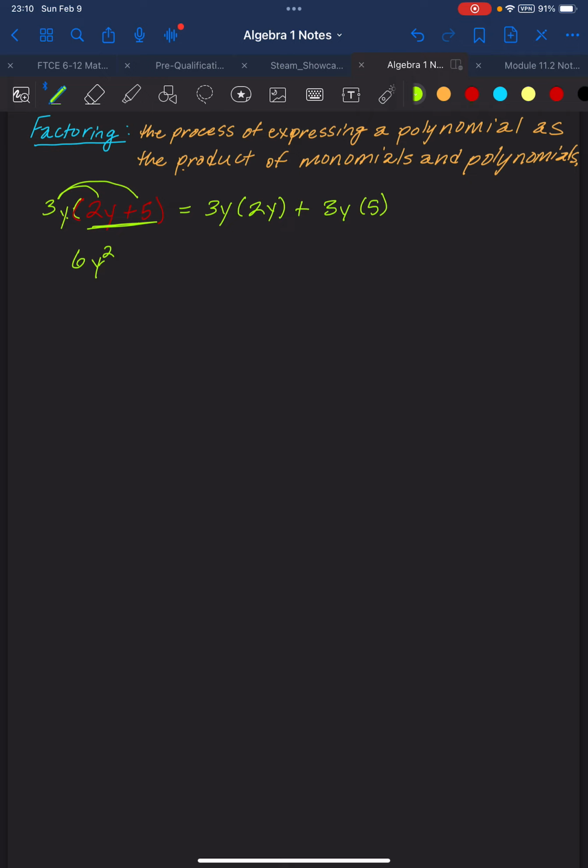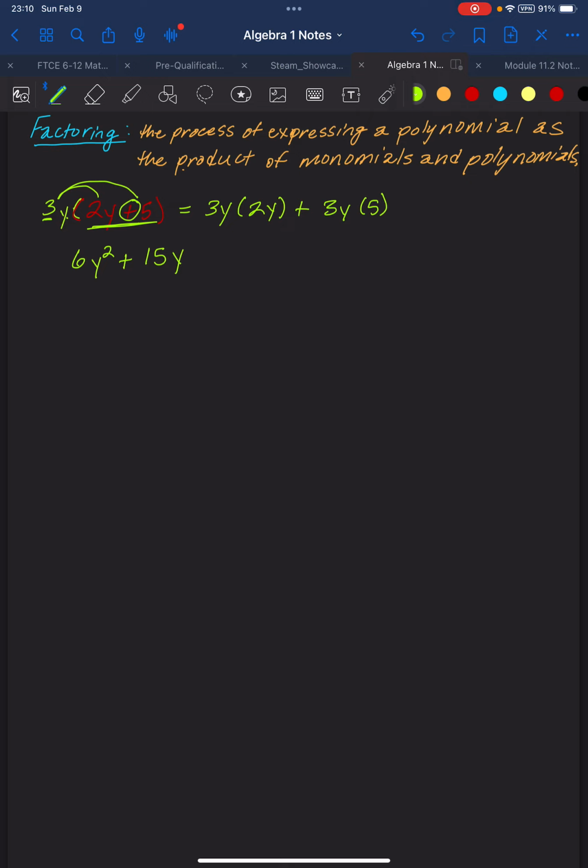Now we just move on to the 5. All right, 3 times 5 is 15. This is a positive 5, and this 3 is positive, so a positive times a positive is a positive. So 3 times 5 would be positive 15. There's no variable attached to this 5, so now I'm just going to tag on the y. And that's it. We can't combine like terms.